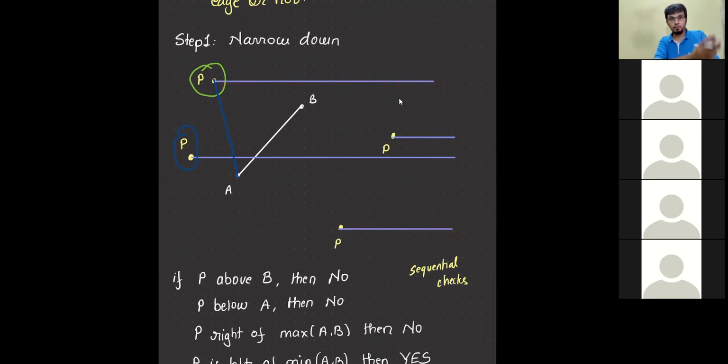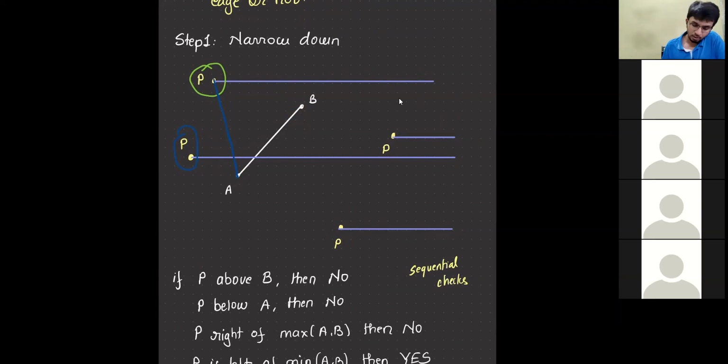Again, if my point P is on the right side of my rightmost point, but it lies within y1 and y2, then my ray would never intersect.